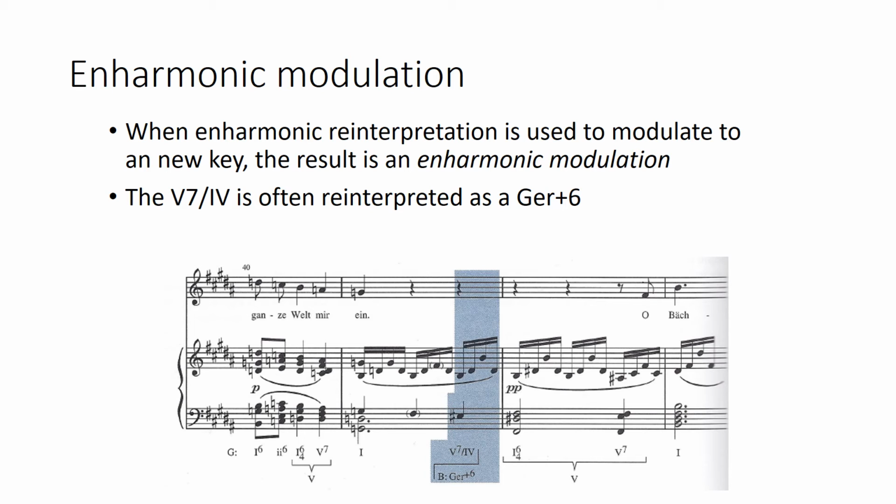We start in G, we reinterpret the 5, 7 of 4 as a German sixth, and it ends up going to B major. That's always a nice surprise to have an enharmonic modulation take us to an unexpected place.